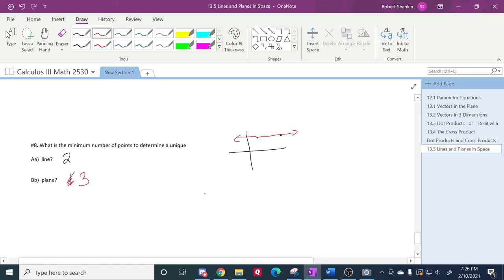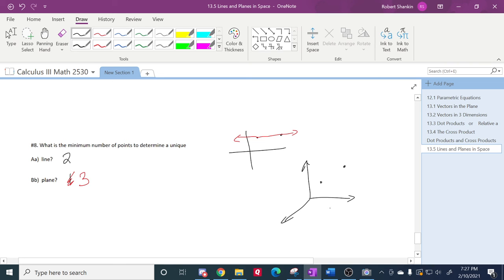Yes, you're exactly right. If I had 2 points here and here, I could put a sheet of paper that contains these two, but I could rotate that sheet of paper in all kinds of different rotations. And so that doesn't determine a unique plane.